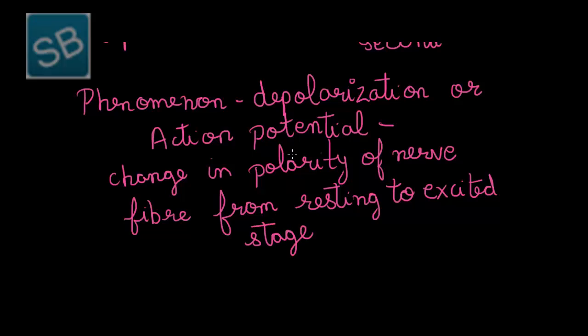This action potential helps in the initiation of the nerve impulse and its conduction. Thus, the first step of the nerve impulse is the initiation of the nerve impulse, which is also known as action potential.